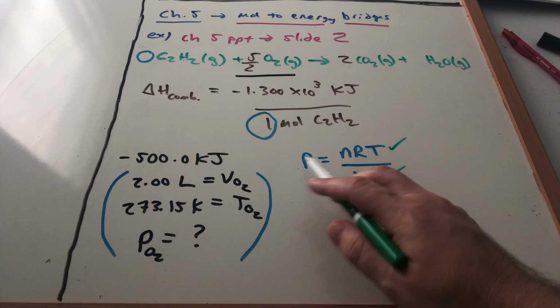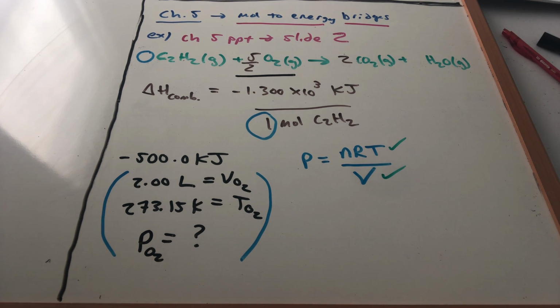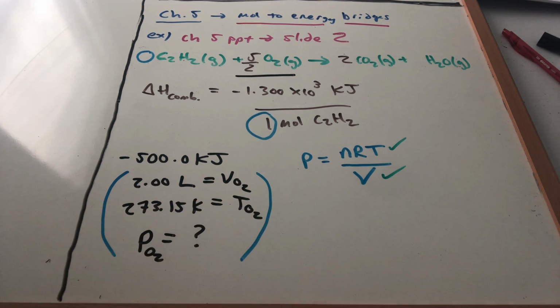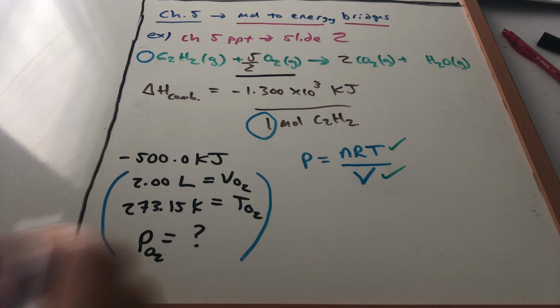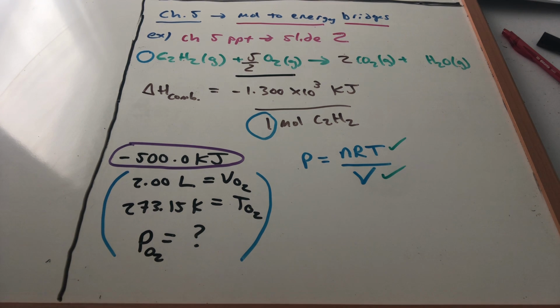Volume's given to me. So if I'm trying to calculate pressure, the only thing that's missing is moles. Now remember, this is all with reference to oxygen. So I need to use the other information given and somehow find moles of oxygen. What's the one bit of information we haven't referenced yet? The amount of energy actually produced.